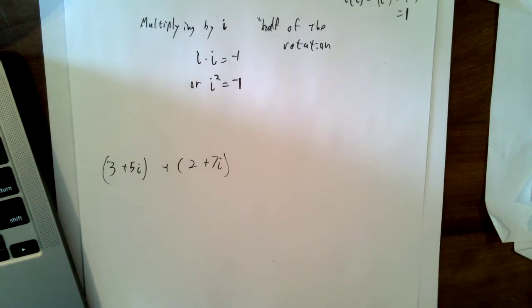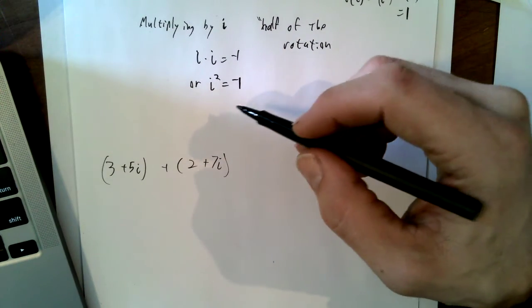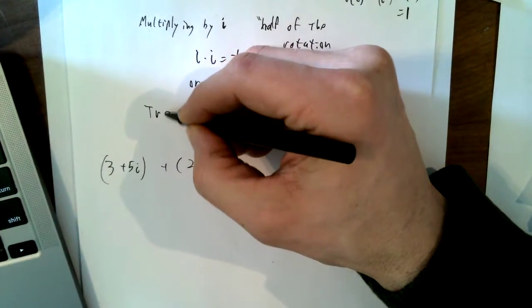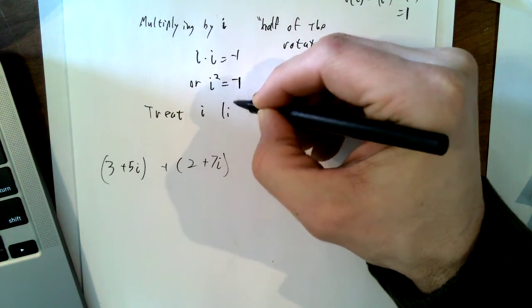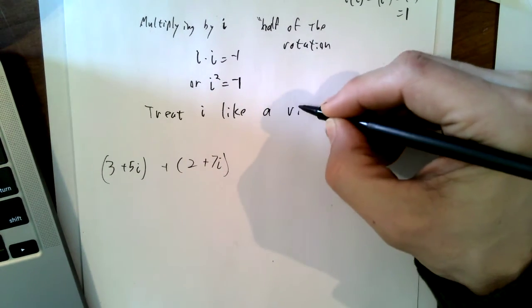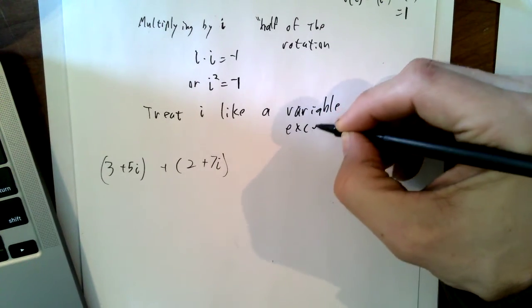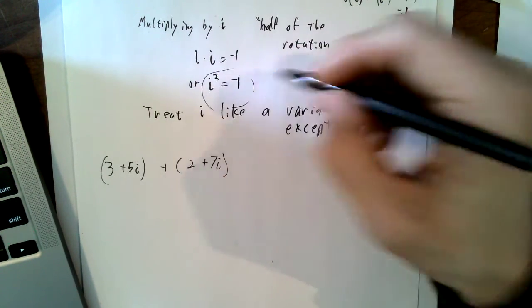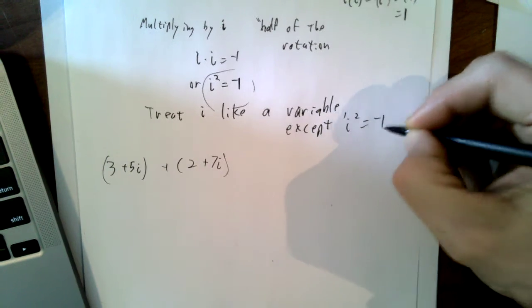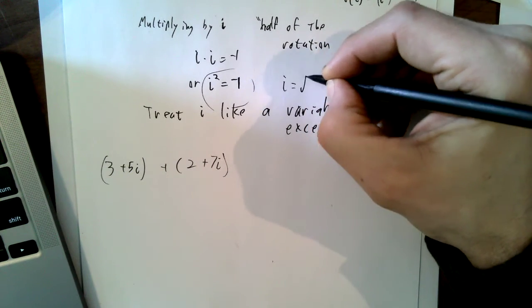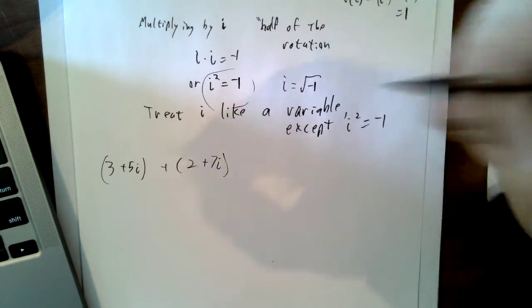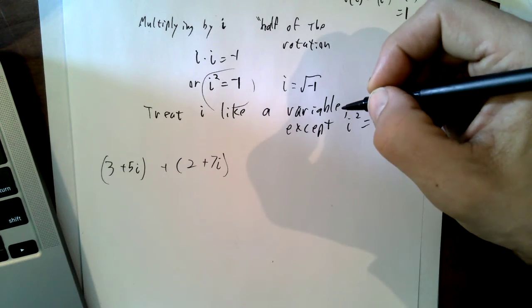But the thing to remember when we're handling it is you treat it like a variable in a lot of ways, except for this fact: i squared equals -1. So i is the square root of -1. We couldn't do that with real numbers. You can't take the square root of a negative.